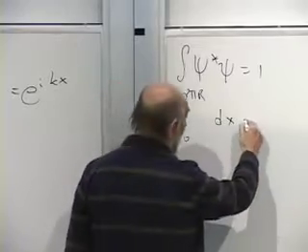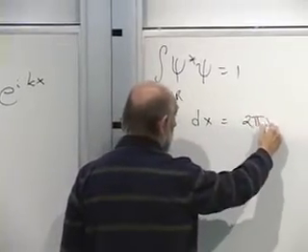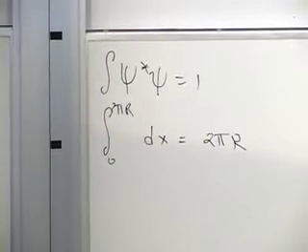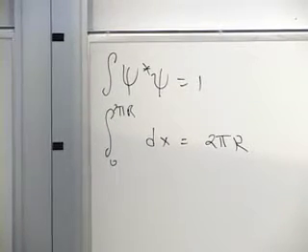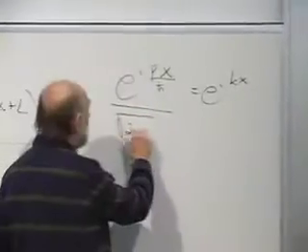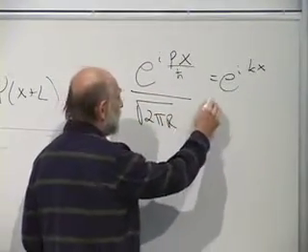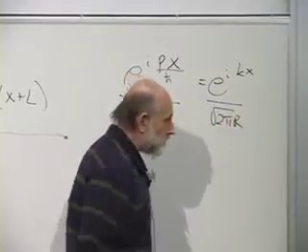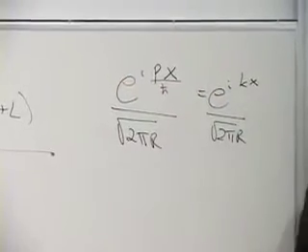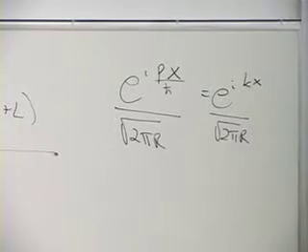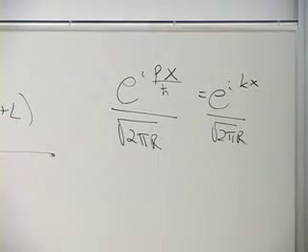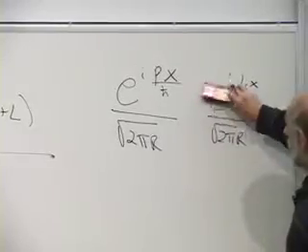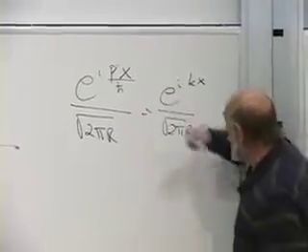It would just be 2 pi r. So what I would do to fix it is divide the wave function by the square root of 2 pi r. Then, when I did the integral of psi star psi, for each of these momentum eigenfunctions, they would be normalized so that the total probability would be equal to 1.